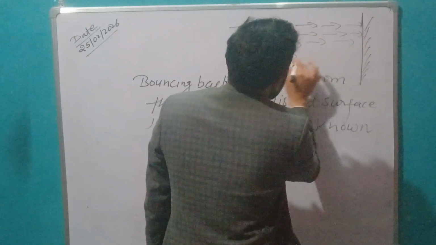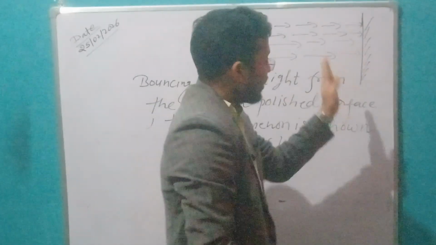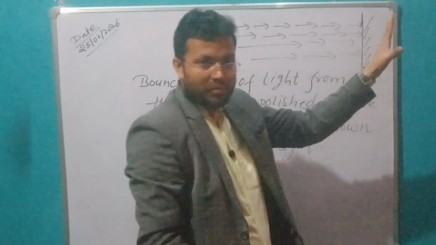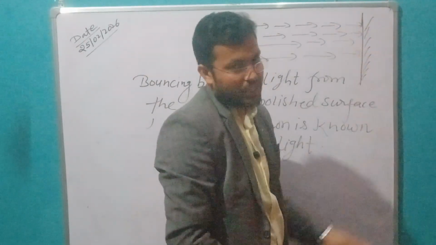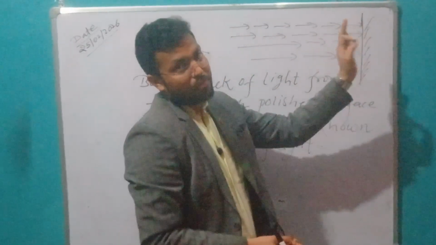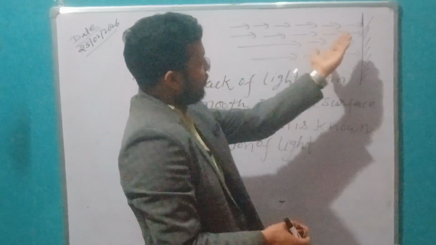After that, the light strikes this surface. This surface never allows the light to pass through, because it is opaque. One side of this mirror is polished. Then the light cannot pass through, because light moves in a straight line. Then it reflects back.